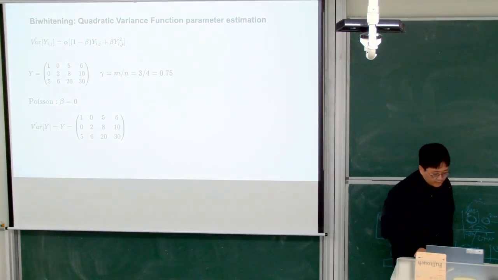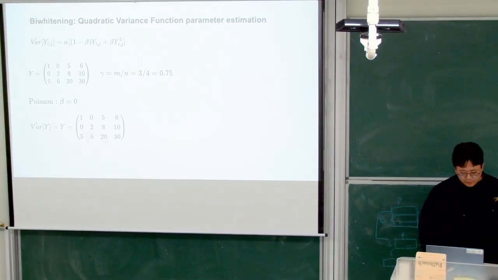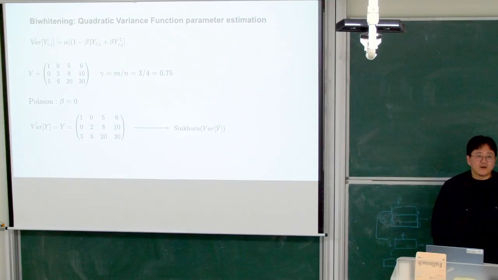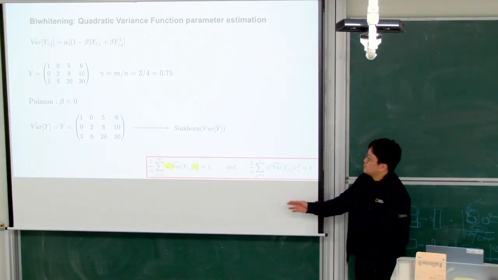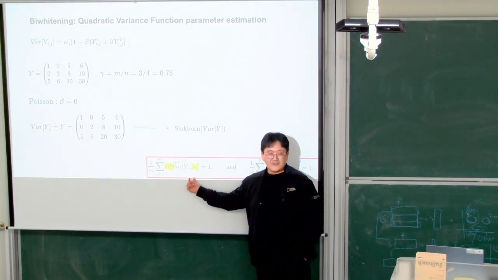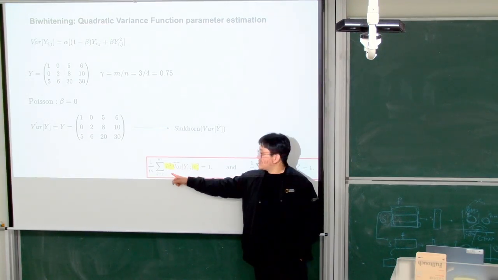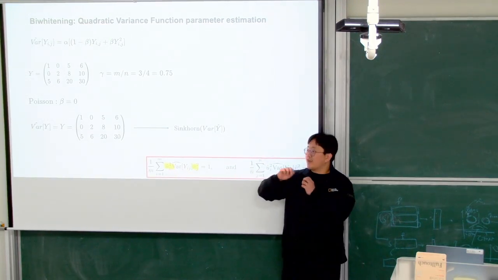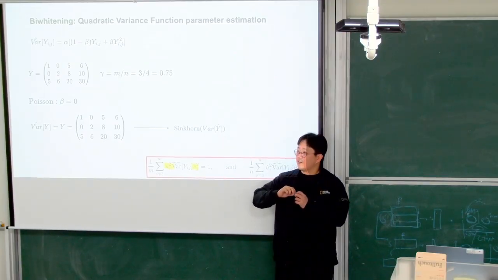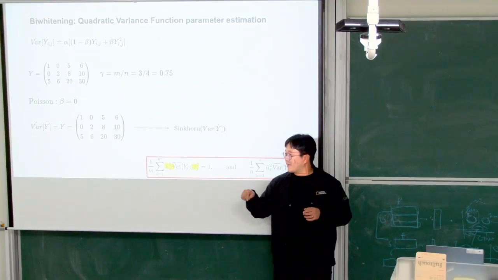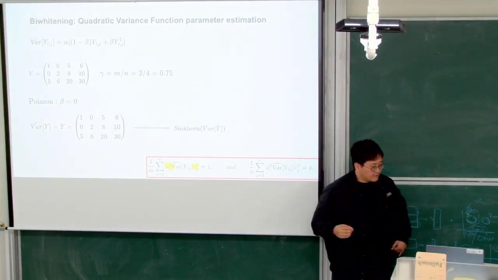Then we can use this as the input of the Sinkhorn algorithm to get these two vectors. These vectors are diagonal elements of a diagonal matrix to be multiplied to y.